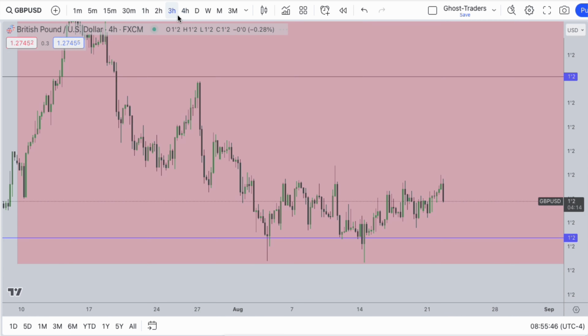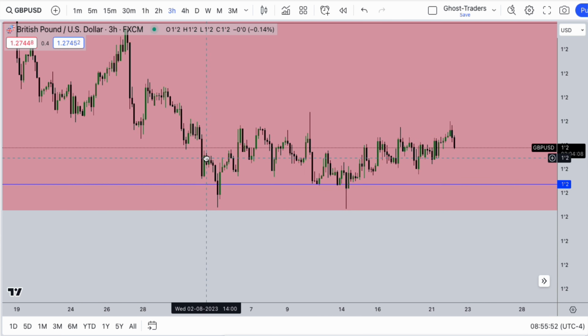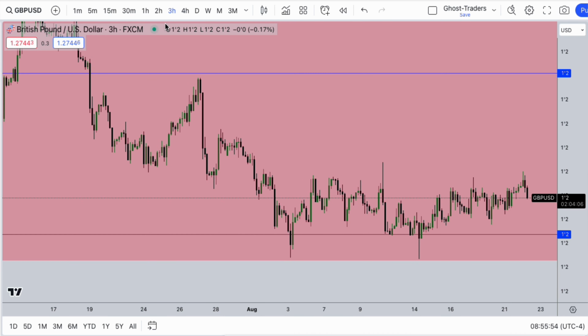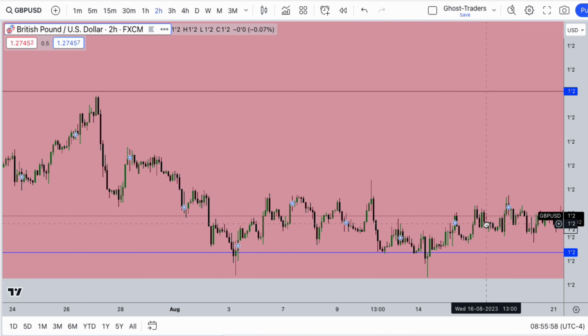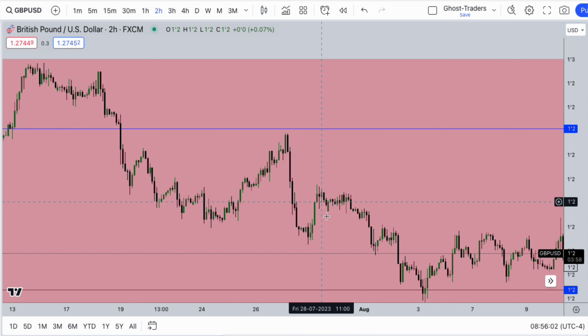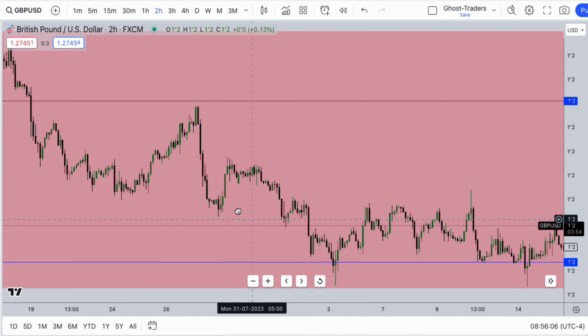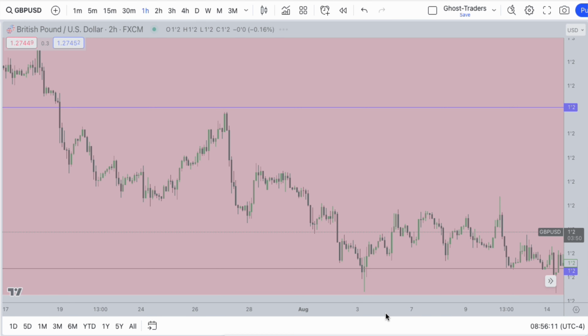So let me shift it to 3 hours, if we can have something. Basically, 3 hours and 4 hours, there is not much of a difference. Let's go to 2 hours. You can see the same thing, just some of the things become clearer. Basically it's just the same thing.